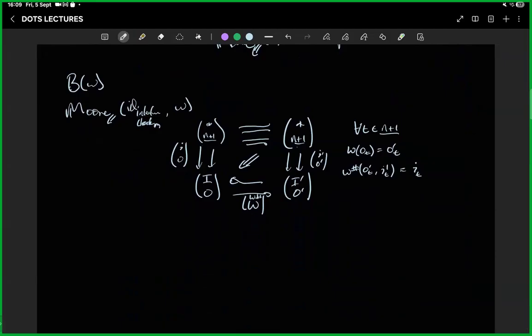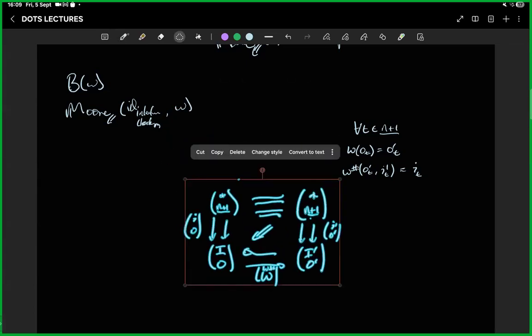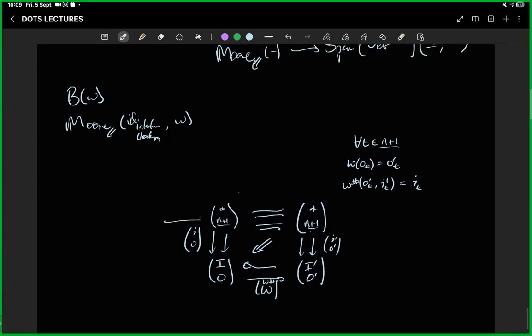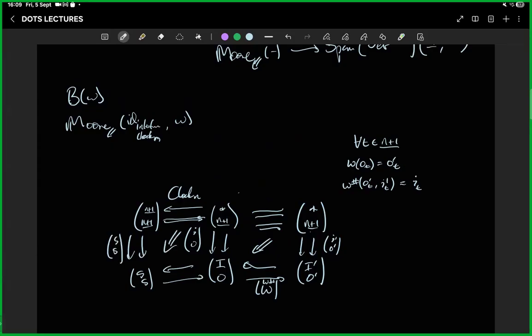And so now what we can note is that if we have one of these things here, and then we have our clock system here. Oh, this is a clock. And we have a behavior like this.